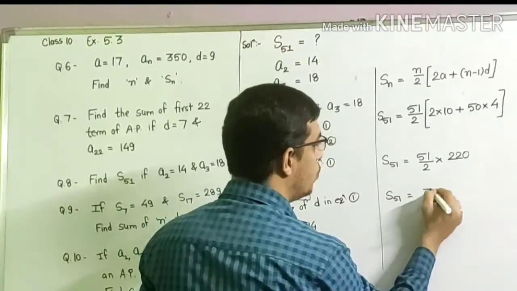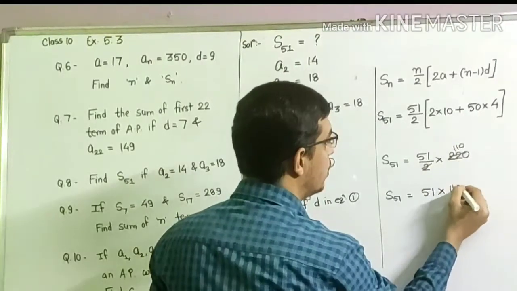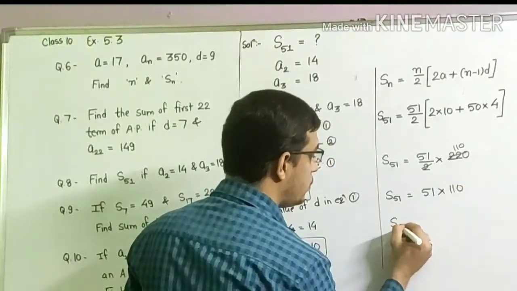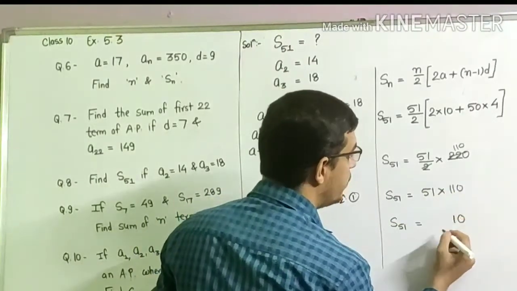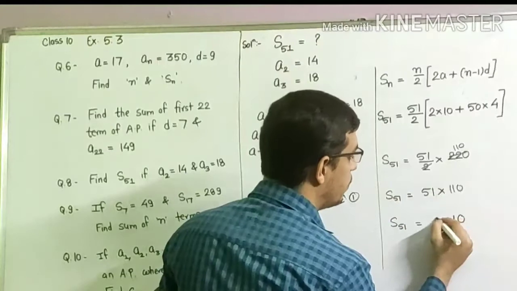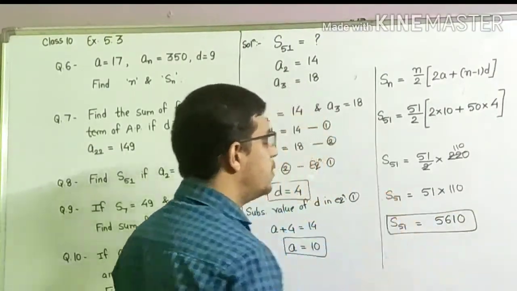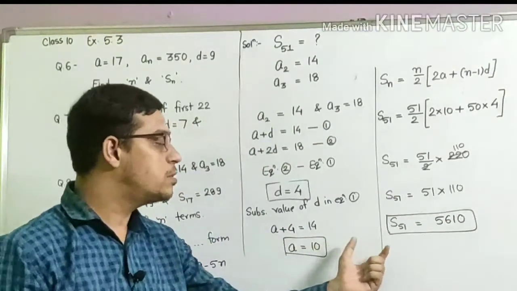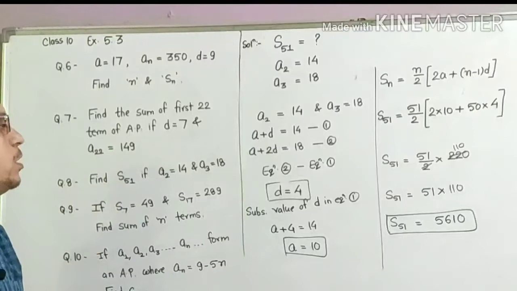So 51 into 110. So there will be 10, 11 ones are 11, 11 5s are 55 plus 1, 56. So this is the sum of first 51 terms of the given AP.